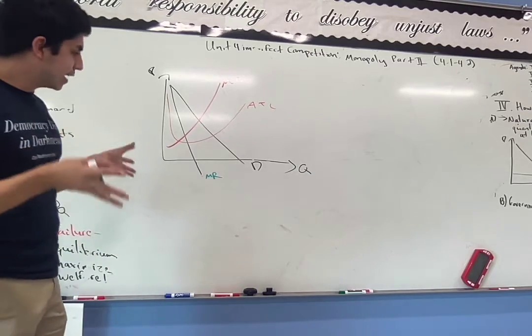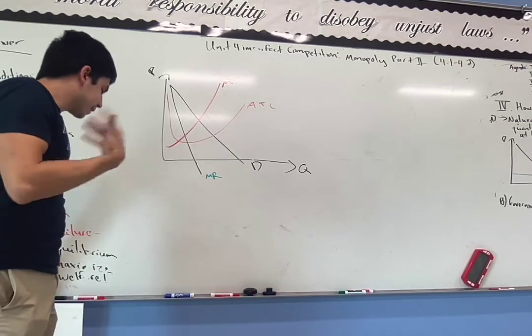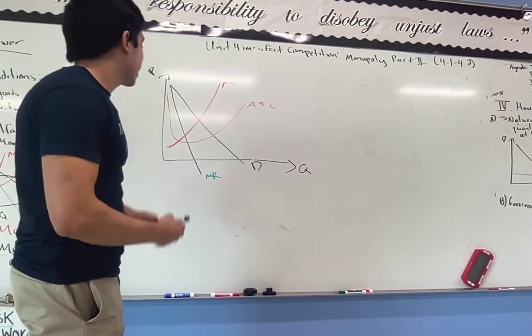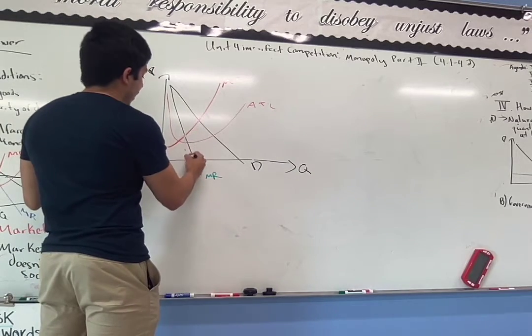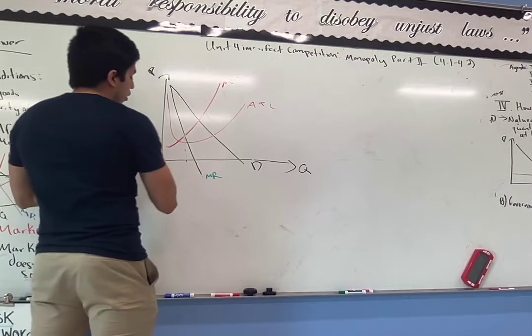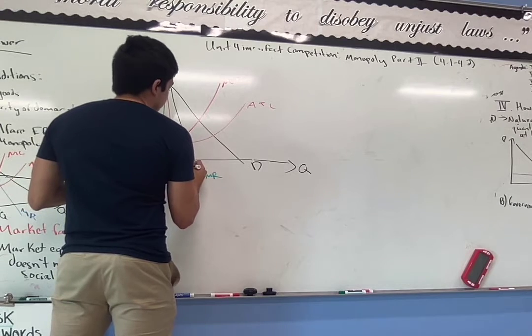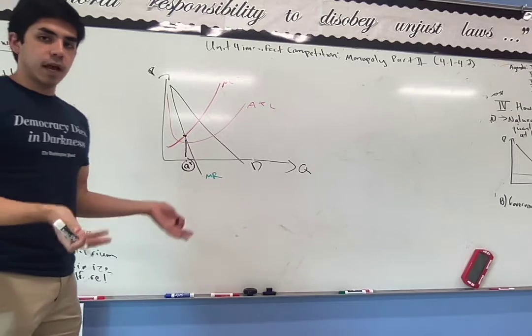Okay, so skip over that. For now, let's just use this to tell a story without all of that extraneous economics. So this intersection between marginal revenue and marginal costs, you have to memorize this. This is the profit maximizing condition. We can go from this intersection all the way down to the x-axis, and this becomes Q star, the profit maximizing output level.